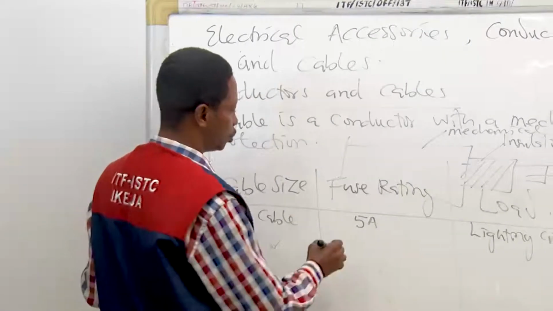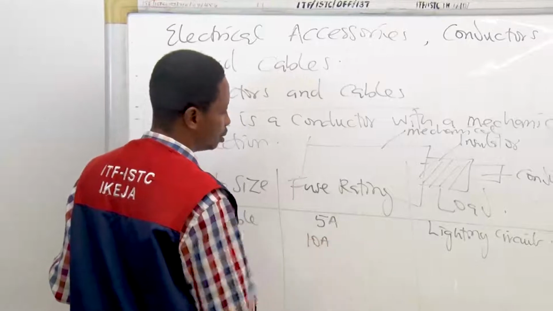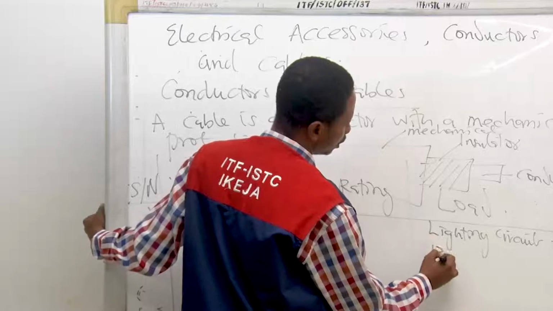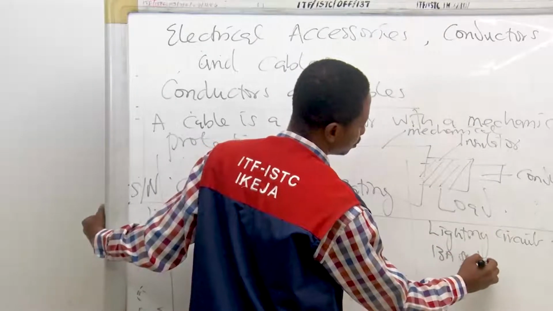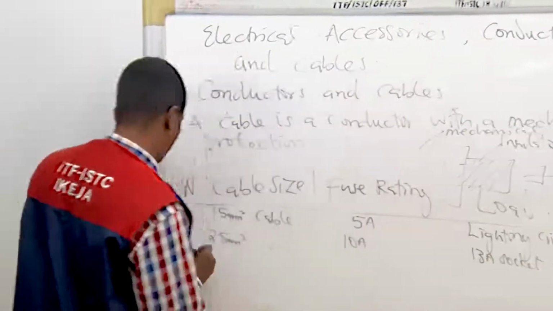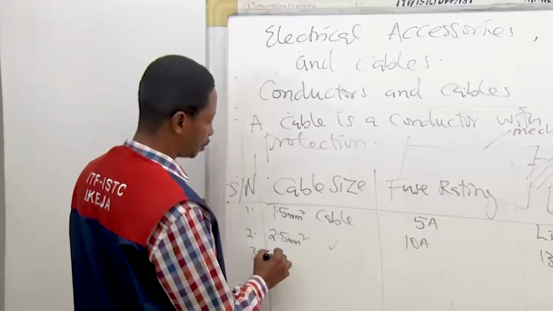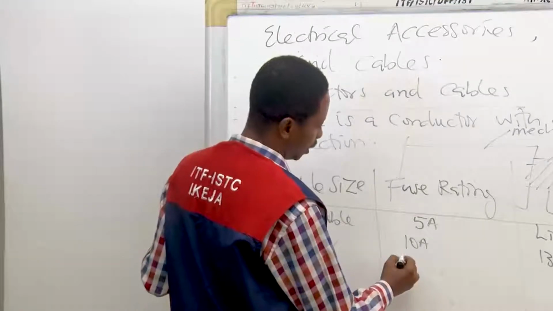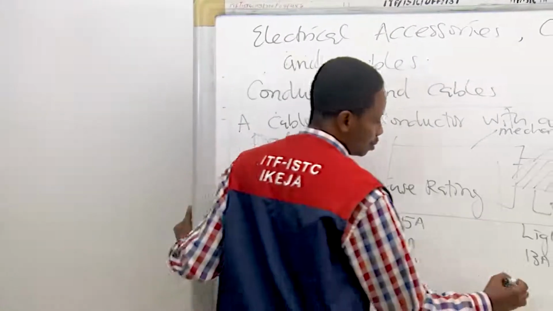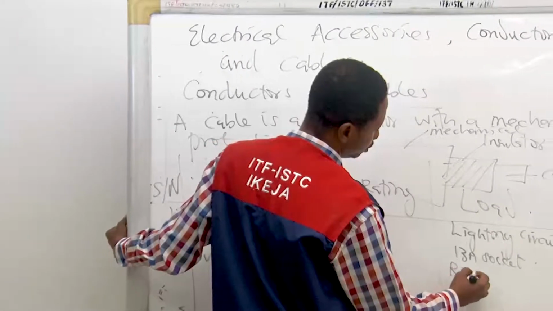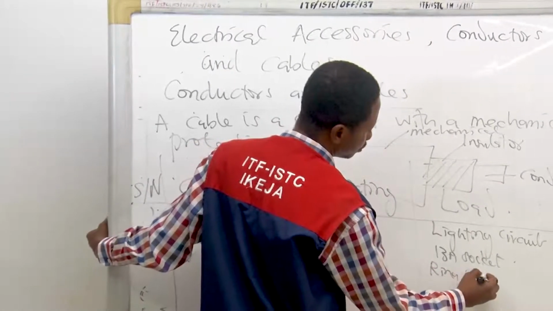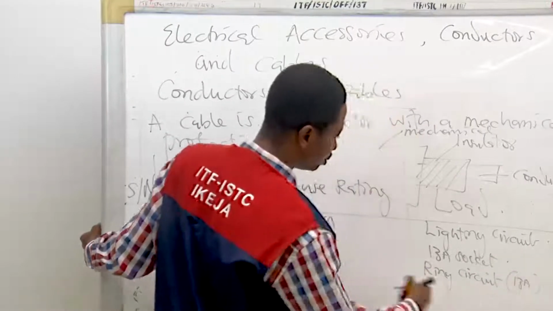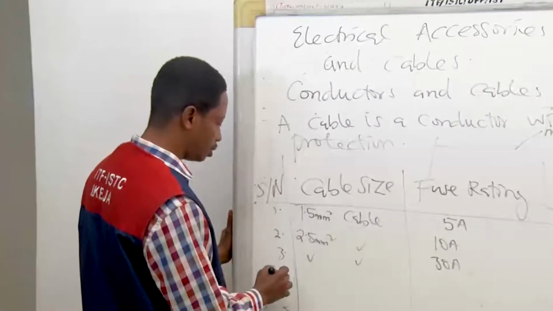For 2.5, I'm talking about just a socket, 10 amp, 30 amp sockets. Number three, because of time, the same 2.5 mm cable under 30 amp ring circuits. That is 30 amp sockets, ring circuits. I'm going to explain all this later.